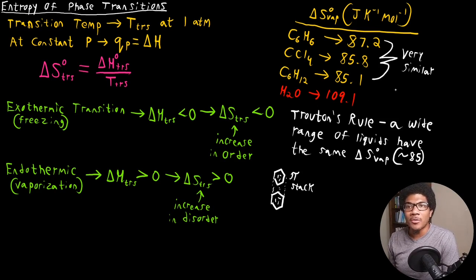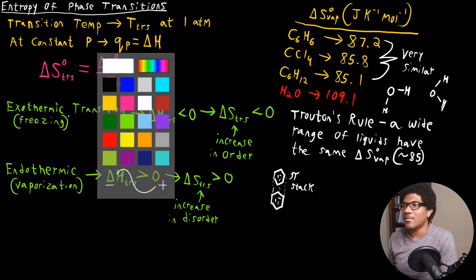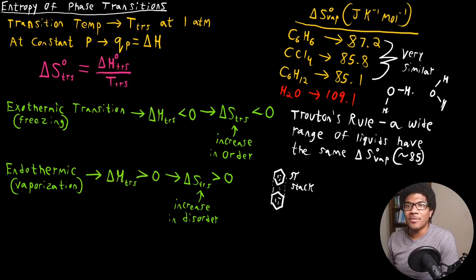With water molecules, these guys come together and form hydrogen bonds. So you'll have a water interaction doing something like this, where we have a hydrogen bond. These hydrogen bonds are much, much more stabilizing than these pi stacking interactions or any of the van der Waals interactions that happen in any of these other molecules.